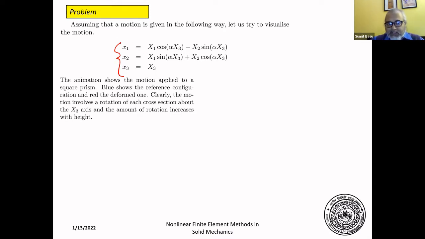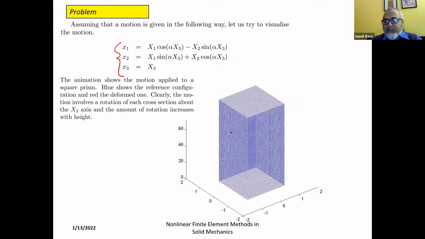Okay, so what do we have here? We have the deformed coordinates dependent on cos alpha x3, sin alpha x3. So x3 is the height of a point along the rectangular prism. If I draw it, this is my rectangular prism. This is my x3 and x1 and x2.